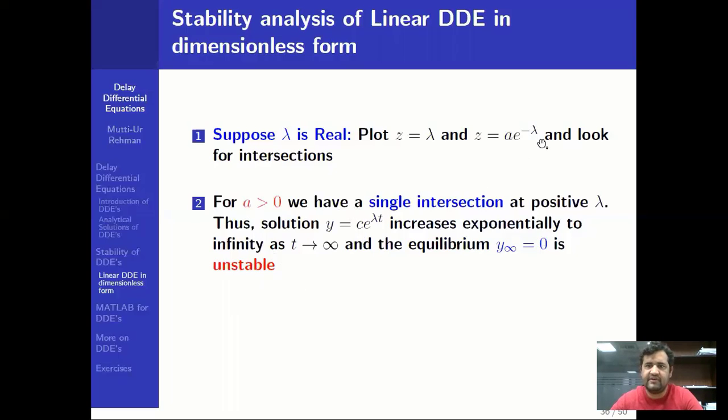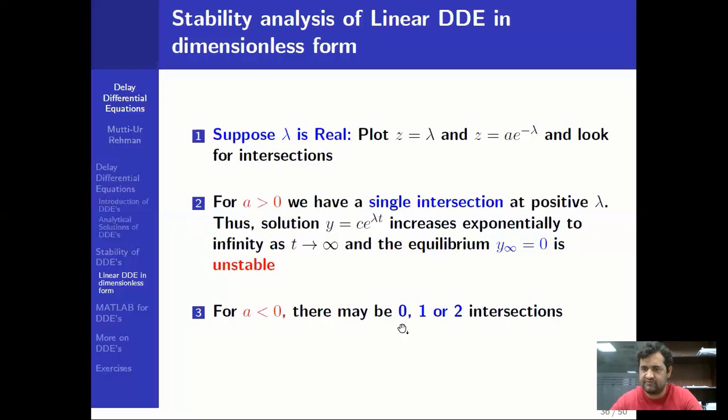Here I have the eigenvalue, which, you can see, is negative over here. While on the other hand, if this parameter is negative, then I will get either no point of intersection for the curves, or I will have either one or two intersections.